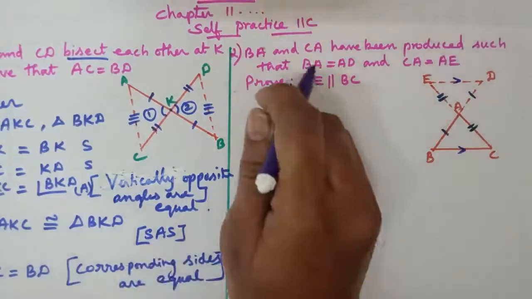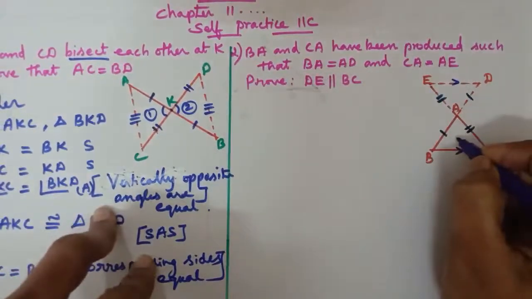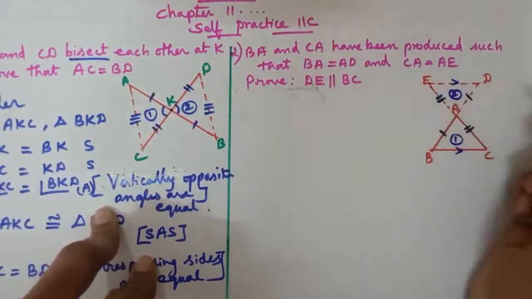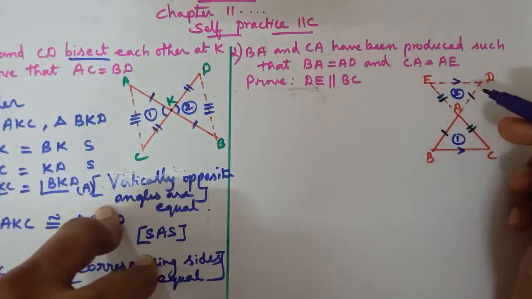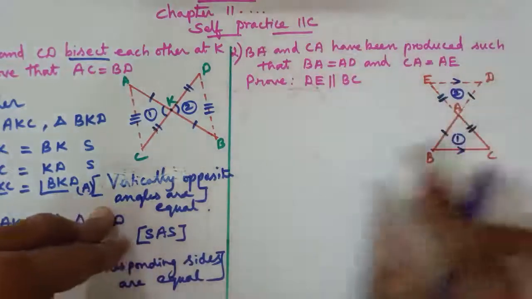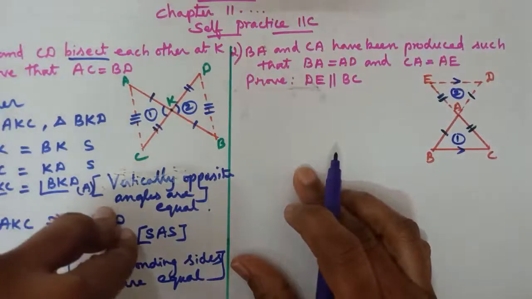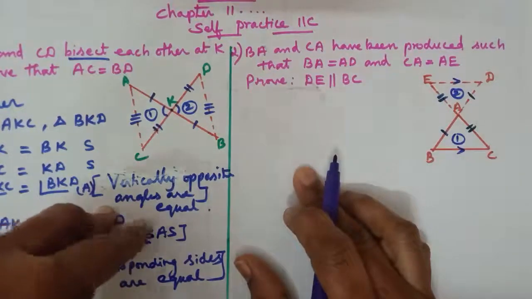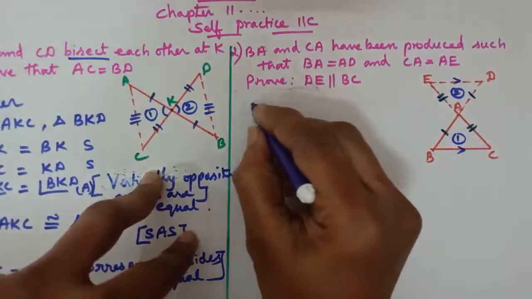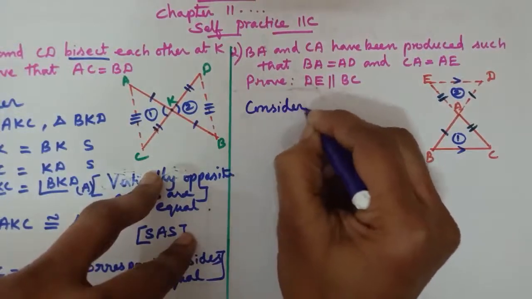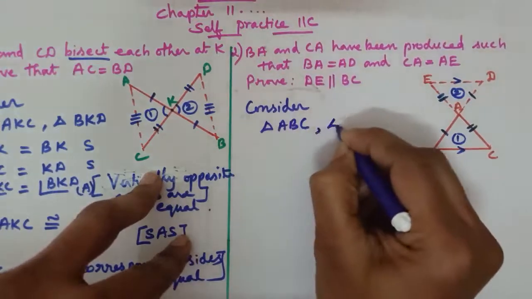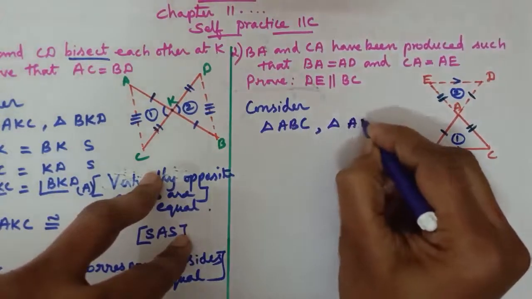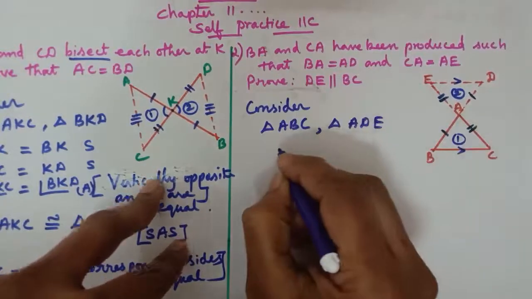Students listen. Here you just take, this is first triangle, this is second triangle. If we prove these two triangles are congruent, then we can say corresponding angles are equal, corresponding sides are equal. We can say it easily. Is it clear? So students listen, here consider triangle ABC and triangle ADE.